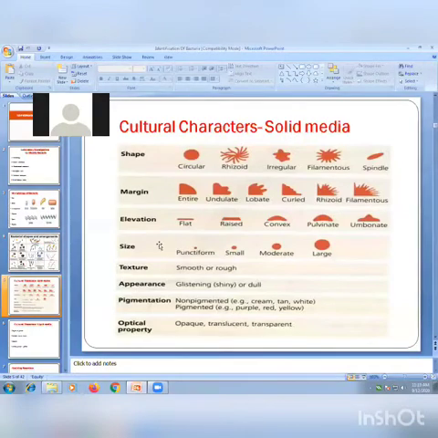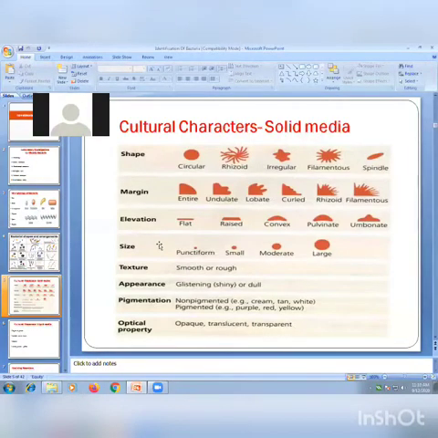One cell produces 2, 2 produces 4, 4 produces 8, like that. Within overnight incubation, within 24 hours, one cell produces one colony. A colony represents the pure growth of that particular bacteria.